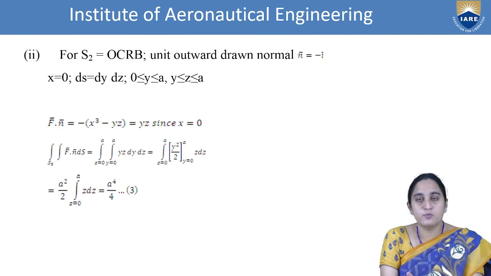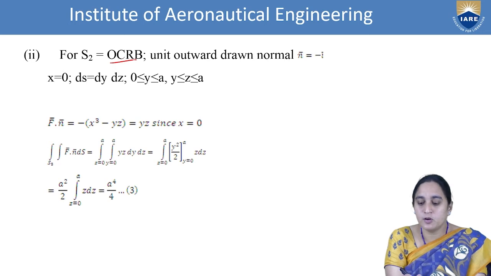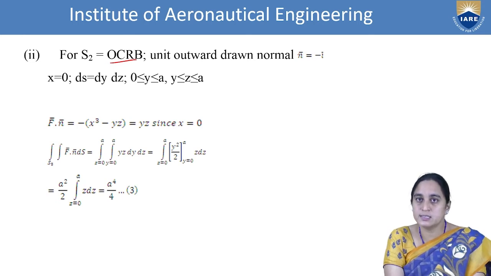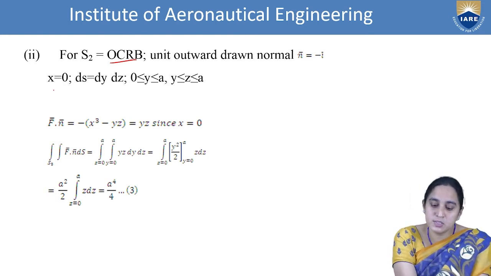On the S2 face, what is S2? Already I discussed. S2 face is on the x-axis negative direction, that is OCRP. The unit outward normal vector n bar is equal to minus i bar. On the left side, that is on the negative axis, what is the x value there? It passes through 0 to a, that means the x value there is 0.